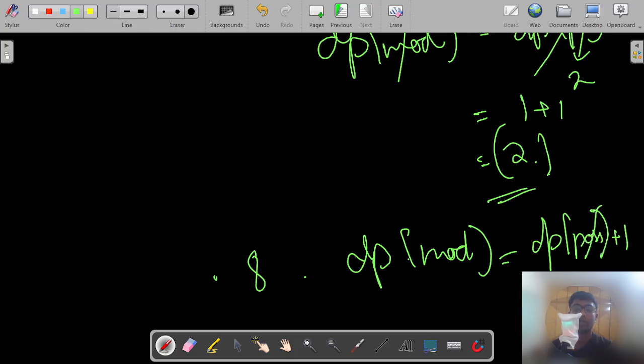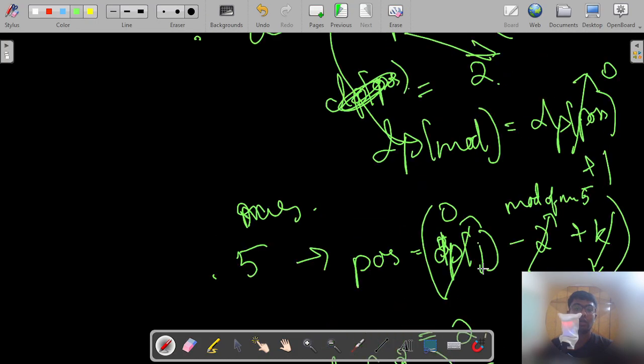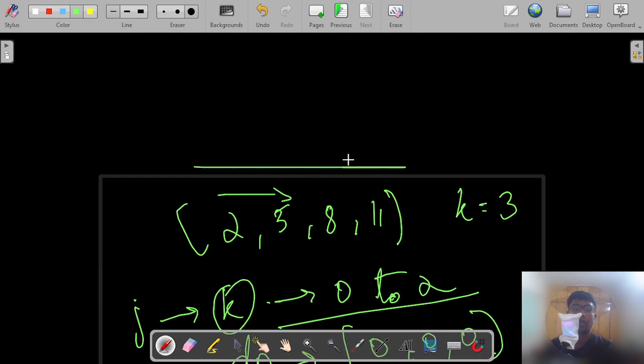So this position value will be j minus mod plus k, modulus of k, right? So this will be j is equal to 0, mod of the current number 8 will be 2, and k is equal to 0, right? So this will give us 2, and this will be another possible pair, and we can form a pair here.